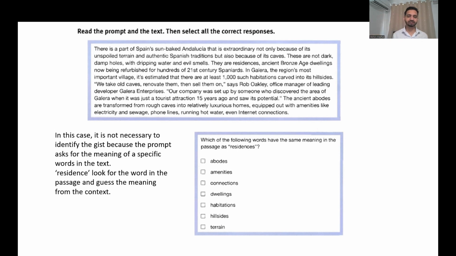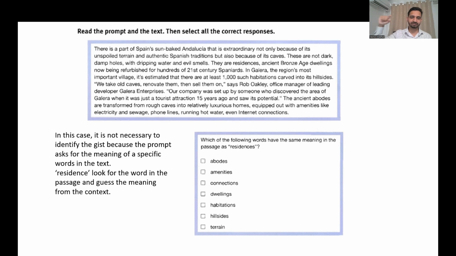You can eliminate that. Dwellings, it's been mentioned, Bronze Age dwellings, so that is your correct answer. And you've got habitations. It's also mentioned that 1,000 such habitations carved into its hillsides. That's also mentioned as residences, so that's correct. Hillside is where it was located. It's near the hill, so that is the location.